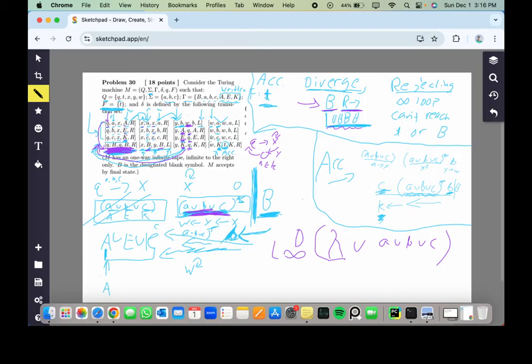This is kind of like what we're looking at. Isn't this A union B union C star? So the star lets us have infinite number of characters. This would let us have something like A. This first A would bring us from Q to X. The second A would be a loop on X. The third A would be a loop on X. Now I do my blank and I look backwards.